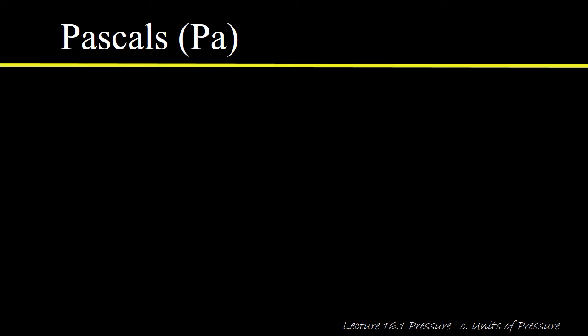All right, the first unit that we're going to look at is pascals, and you may remember we talked about this one a little bit in a previous video where we were talking about the definition of pressure, and we said that 1 Pascal is 1 Newton per square meter. And you may also remember that 1 Newton is 1 kilogram meter per second squared.